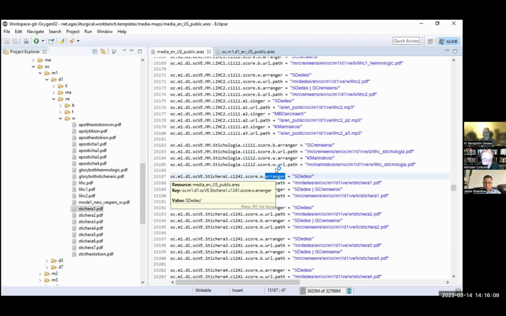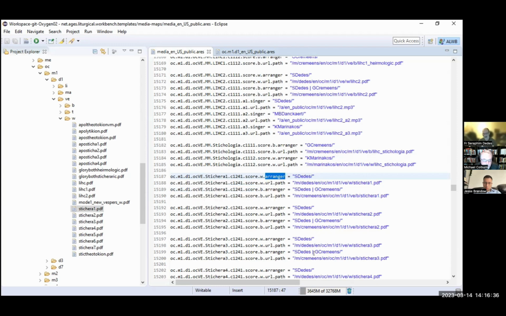And then now the last property is the arranger. In other words, who actually typed out, who gave us the score. It used to be we had 2: composer and arranger as 2 different things. So it depends what you want to mean by that.